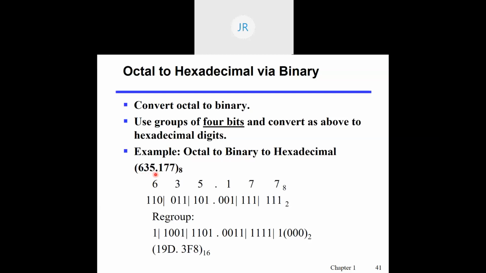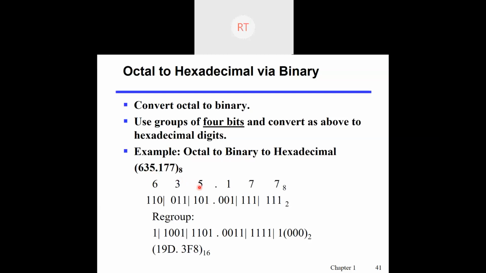Exactly. You need to start with the 6 or with the 5? 5. We always start from the dot. Okay? So how do you convert the 5 from octal to binary? How many bits is it? It is 3 bits.